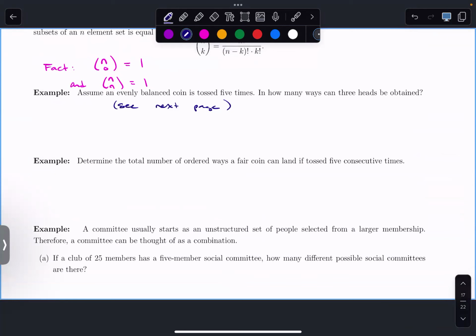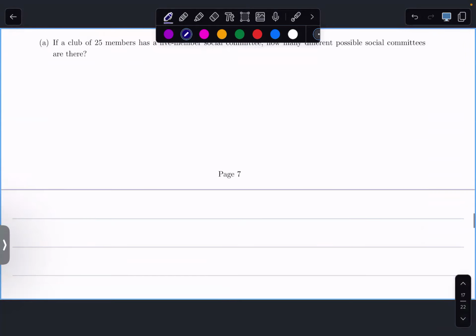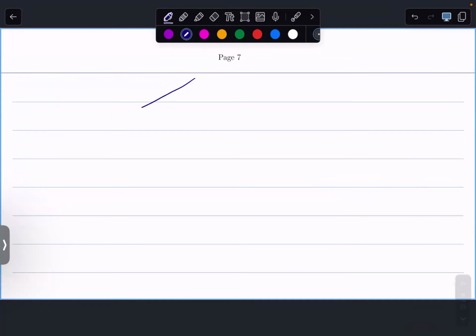We can use that same tree diagram that we were using earlier, where I start here and I'm going to give myself lots and lots of space. I flip a coin, it's either heads or tails. If it's heads, then I flip it again and I can get heads or tails. Notice that this is going to be flip number 1, number 2, and so I'm going to have 5 layers.